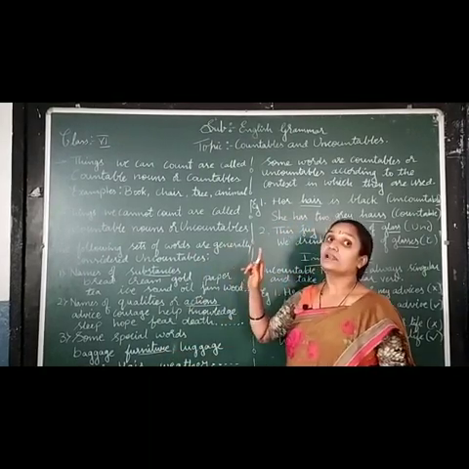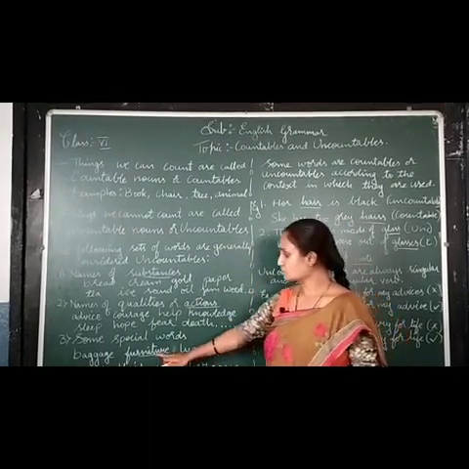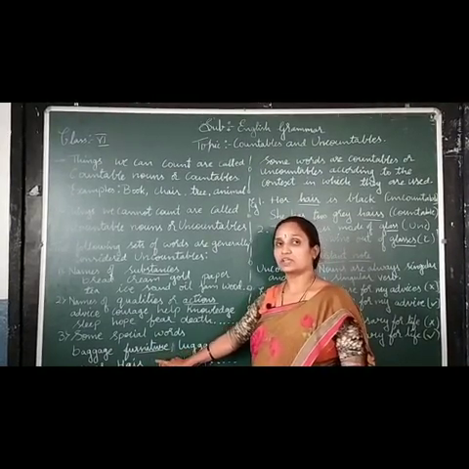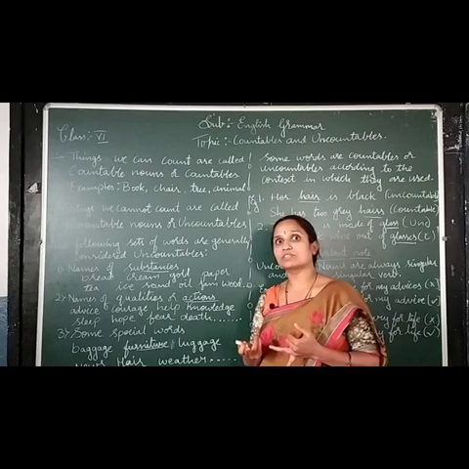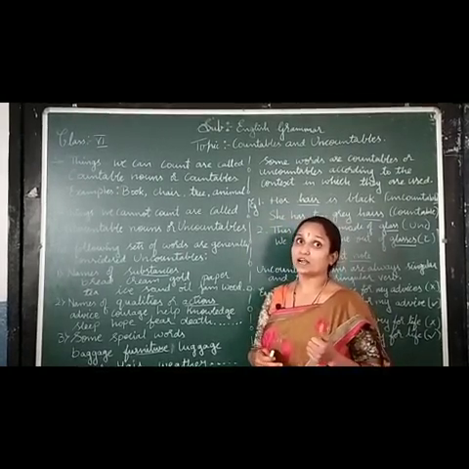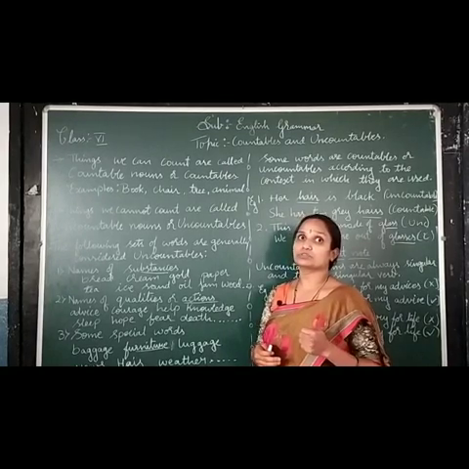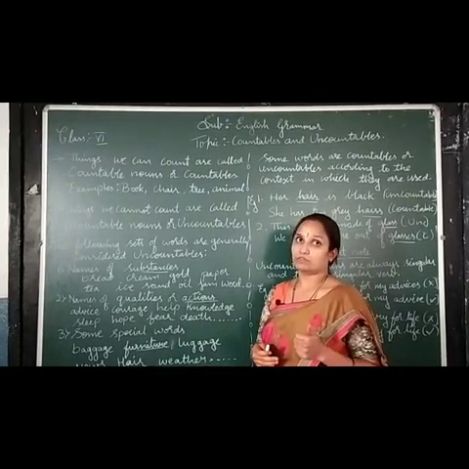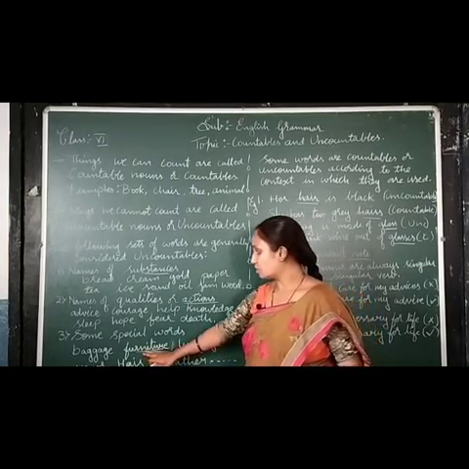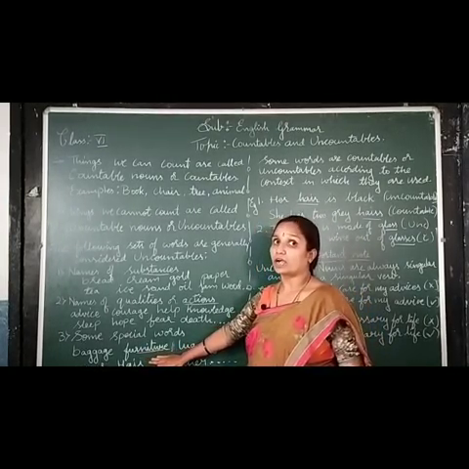Wood is uncountable. So furniture is uncountable. Furniture is made with wood as well as with iron as well as with plastic. For material nouns, we should not use countables. We have to use uncountable itself. So here this is uncountable.